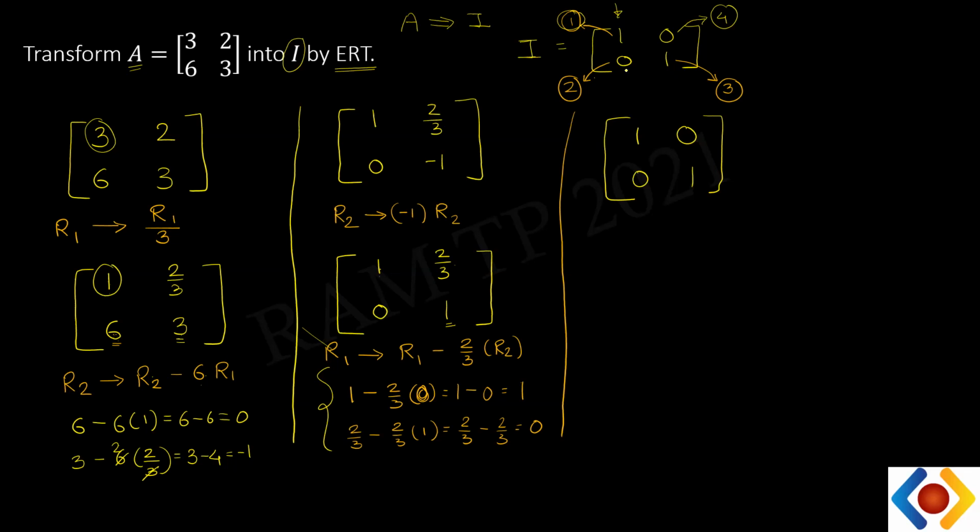That is your next priority. So we wanted to make this 6 as 0, which we did. Next, in row 2, you make this element 1. It was minus 1, we turned that into 1. And then the last step is, make all other elements 0 in that column. We'll solve a 3 by 3 matrix problem, don't worry.